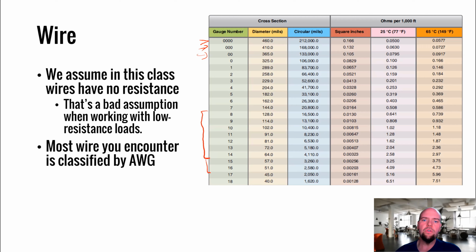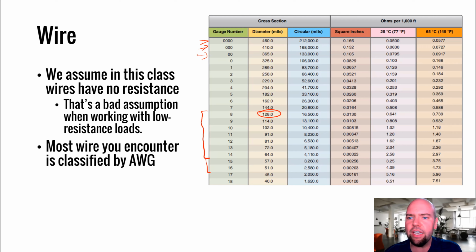One thing to note is the diameter of this wire. An 8 gauge wire is going to be 128 mils. 128 mils, also called thous, is 128 thousandths of an inch. So these are very strange units. We're very far off SI units right now.